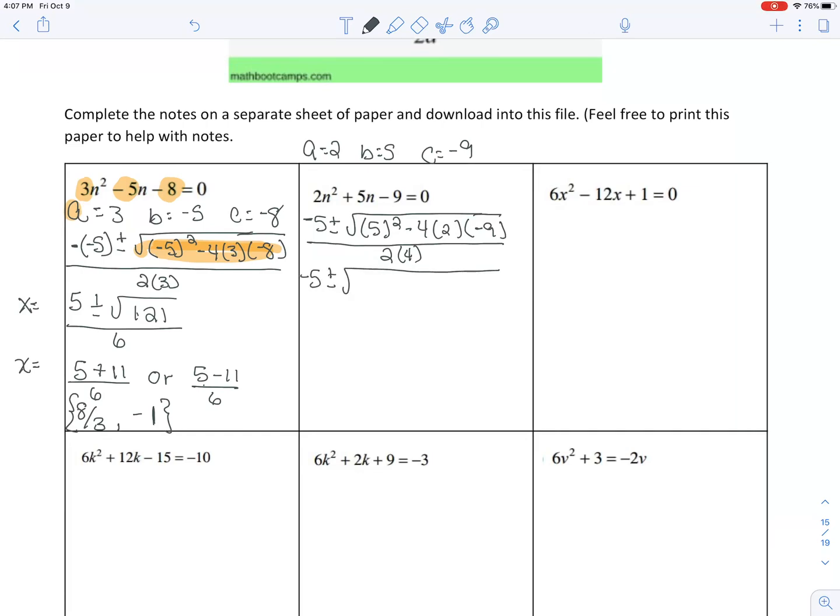So that is negative 5 plus or minus the square root. So we've got 5 squared again, so that's 25 minus 4 times 2 times negative 9.